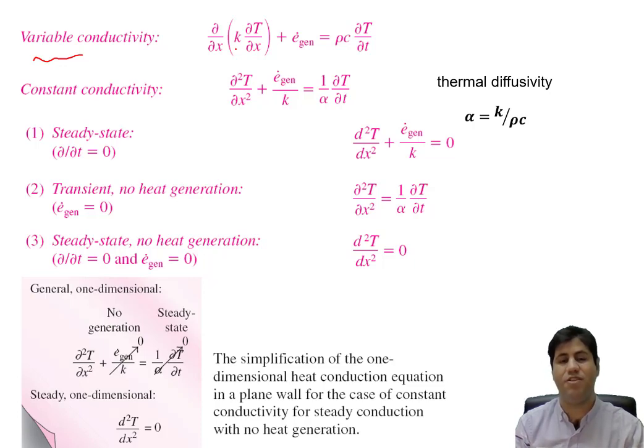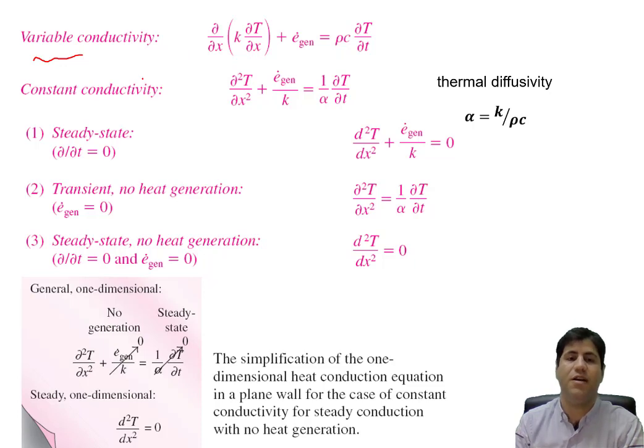I think I have already discussed this in previous sessions. So here also we assume in general form that all terms which we have here are variable. K is variable, temperature is variable. We have a transient heat transfer phenomenon here, and this is the general form.